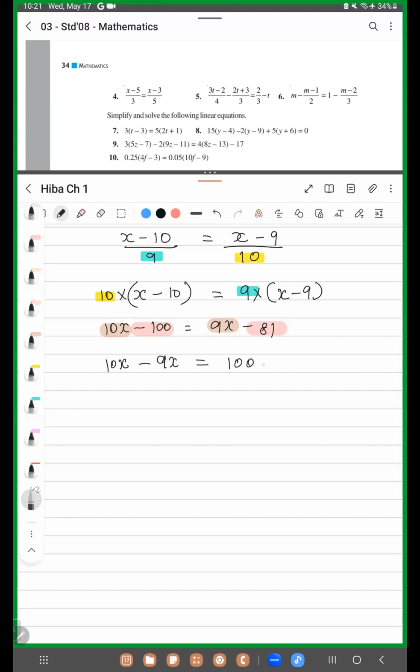Okay, very good. Then that will be 1x, so x is equal to 100 minus 81, positive 19. Yes, x is equal to 19. ठीक है.